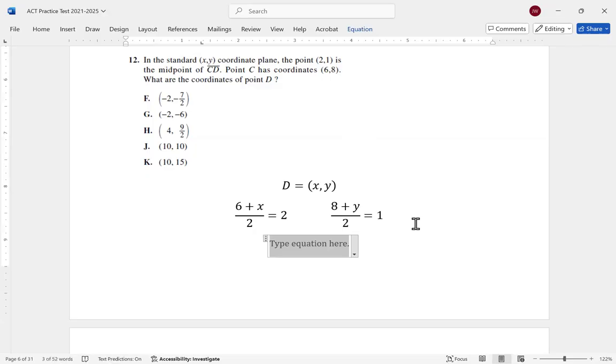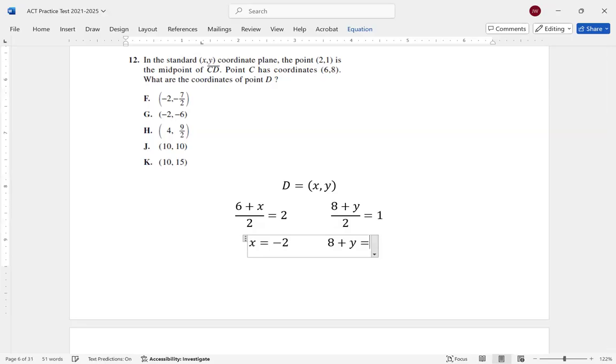So on the left-hand version, we get 6 plus X equals 4. That's after I multiply both sides by 2. If I subtract 6 from both sides, X is going to be -2. In a similar way, I'd get 8 plus Y equals 2 when I multiplied both sides by 2.